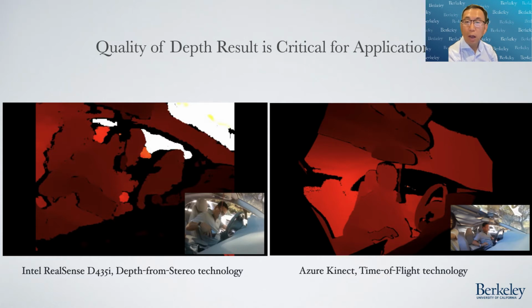At Berkeley, we have tried to install depth cameras to activate some basic 3D perception functions, such as gesture recognition, face recognition, etc. On the left, I will first play a result returned from an Intel RealSense D435i camera. It used the depth from stereo technology.